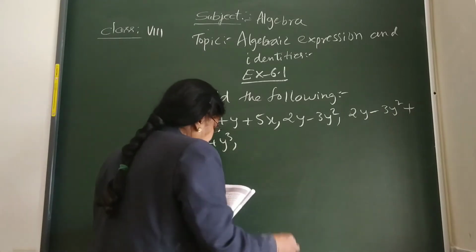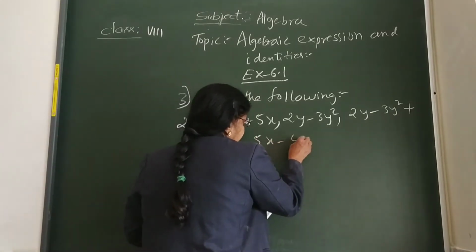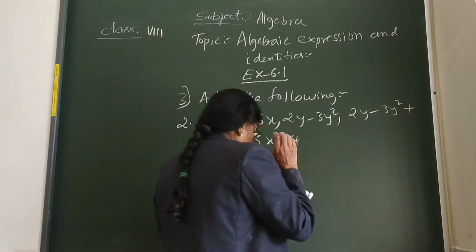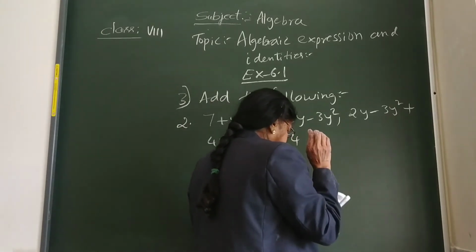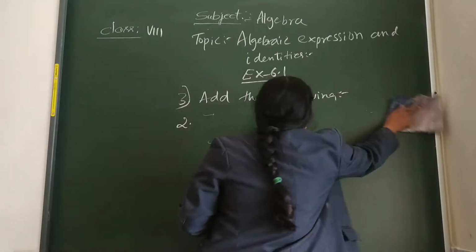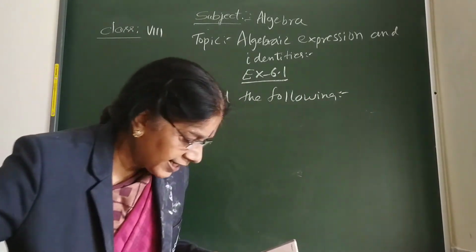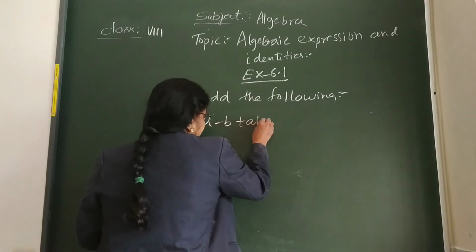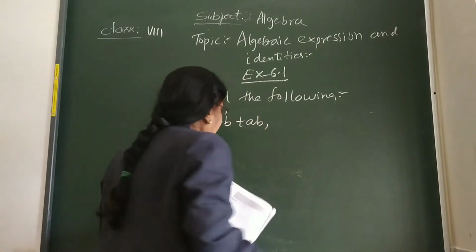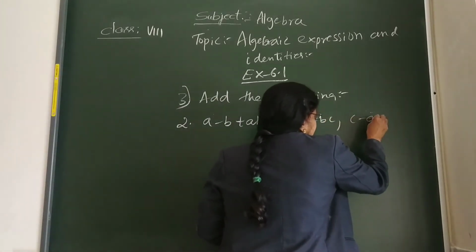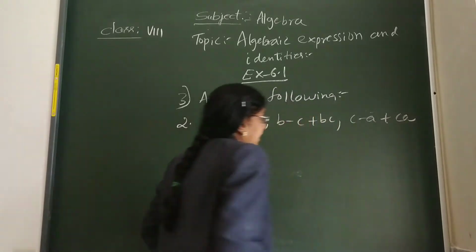Then 5x minus 4 plus 5x minus 1. Let us see the second sum. The second sum is given: a minus b plus ab, b minus c plus bc, c minus a plus ca.